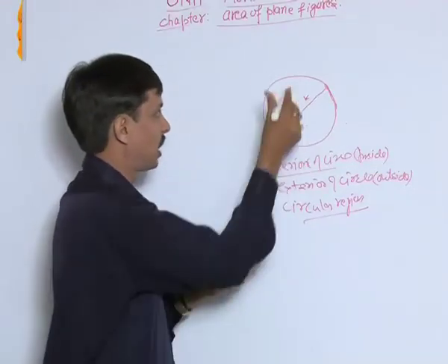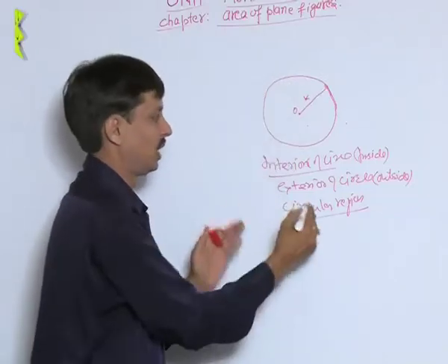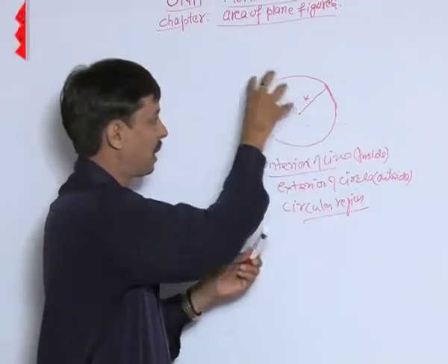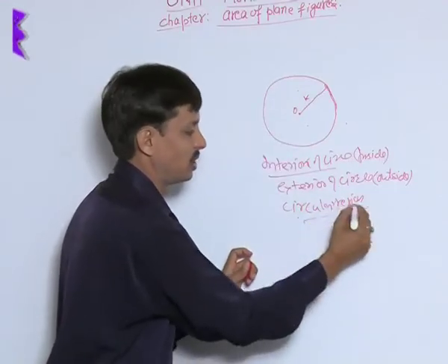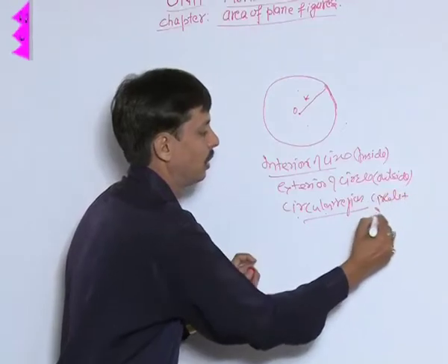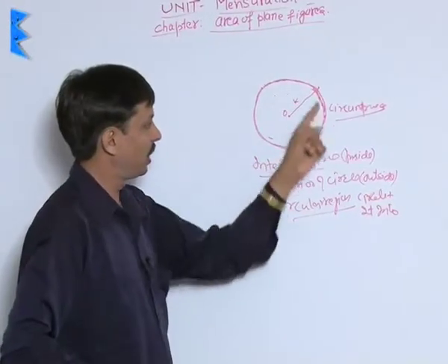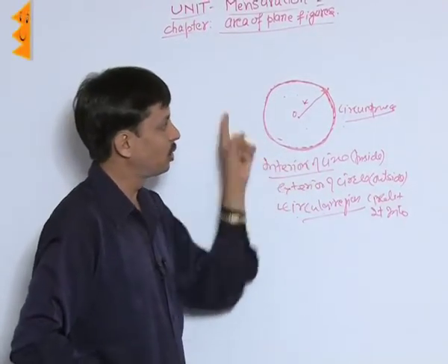So the circle itself plus its interior is known as the circular region. Circular region is circle plus its interior. Whatever figure is drawn by pencil is the boundary, known as the circle.